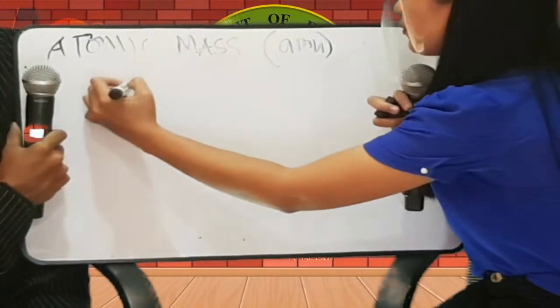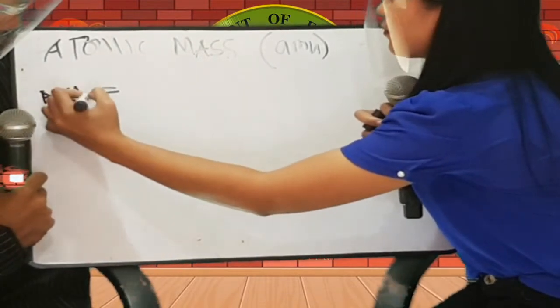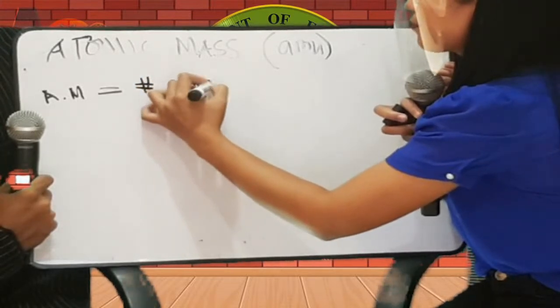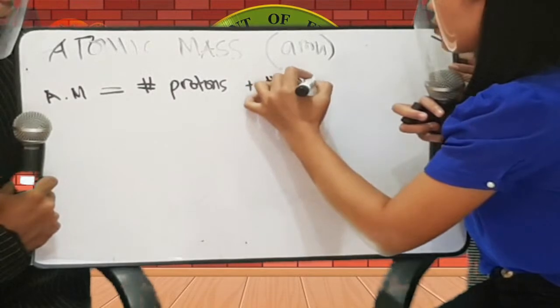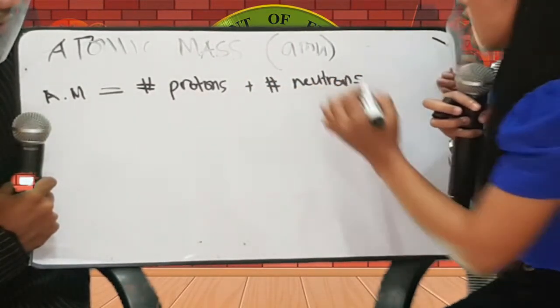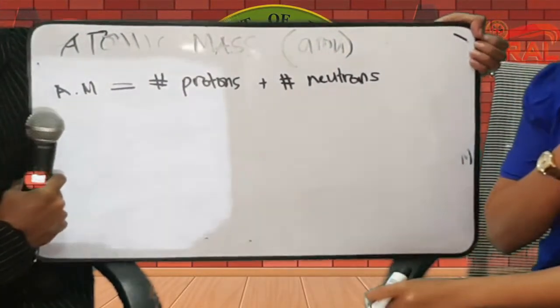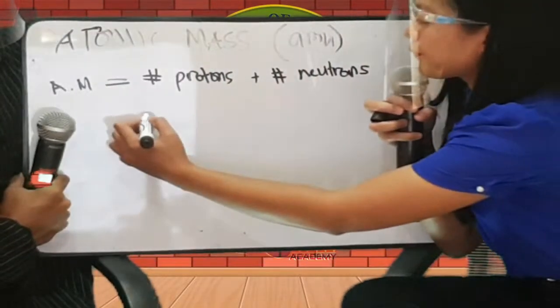So again, atomic mass is equal to the number of protons plus the number of neutrons. Recall, these two terms are subatomic particles which are found in the nucleus of an atom.